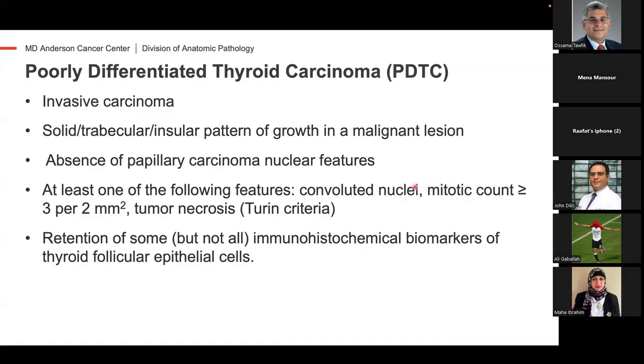I usually call an increased mitotic count or tumor necrosis. If I see any of these, and it has the solid or insular growth, I upgrade it to poorly differentiated thyroid carcinoma. These usually lose thyroglobulin. You usually will also lose TTF1, but PAX8 is usually left.